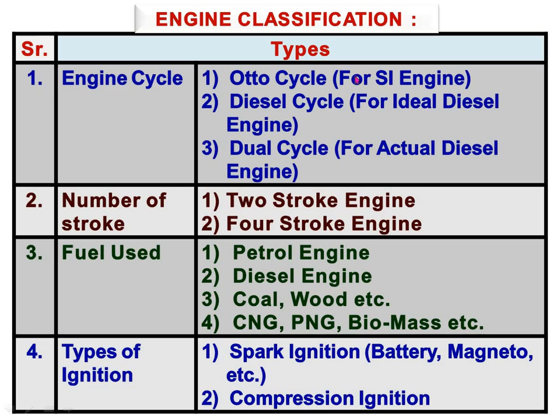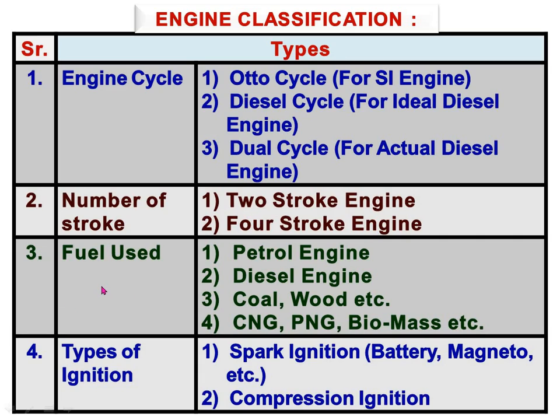According to engine cycle, an engine may be classified as Otto cycle, for the SI engine, spark ignition engine. Second is the diesel cycle, or ideal diesel engine. Then the dual cycle, or actual diesel engine. Then the second classification criterion is the number of strokes, means either it is a four-stroke engine or a two-stroke engine.